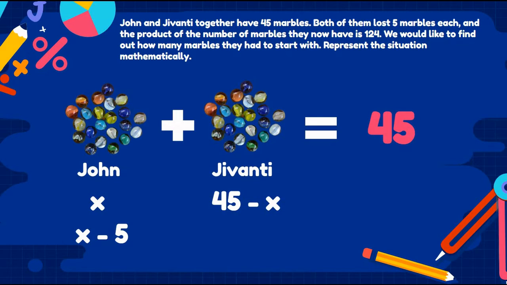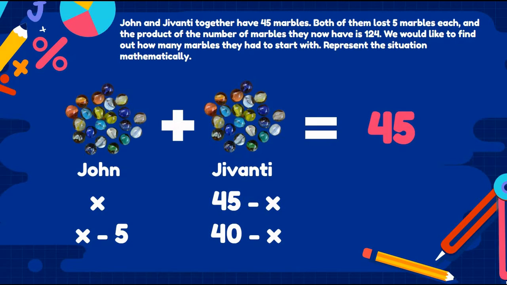And then the same with Jivanti too. Before, she had 45 minus x. Now after losing 5, it would become 45 minus x minus 5. So we have two numbers here, so let's just simplify it. It would become 40 minus x simply. So we have written the second thing that was given to us in the question.